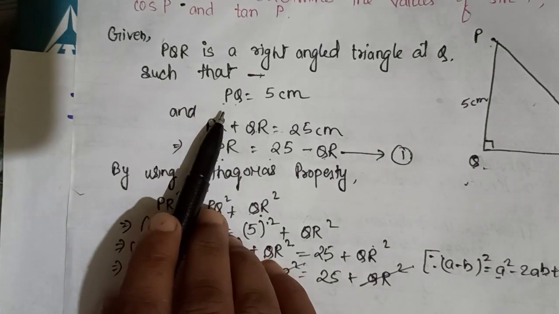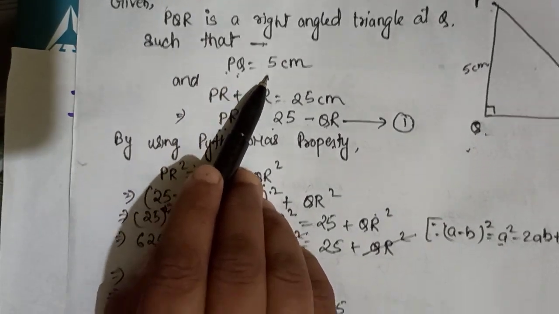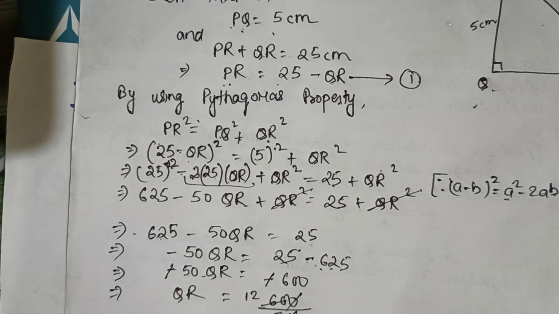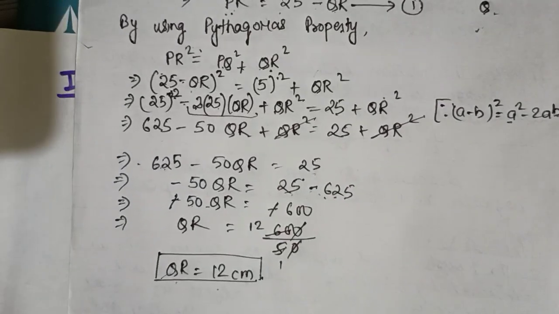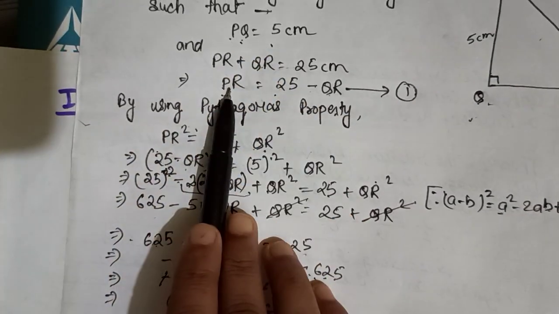Now see, from before we have PQ equal to 5 cm, and now we got QR equal to 12 cm. We have to find the value of PR. If we put this value of QR in equation 1, then we can get PR also.